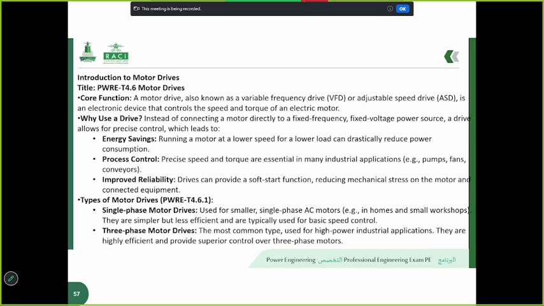So they are less efficient and offer more basic control. In contrast, three-phase drives are the industry standard for high power industrial applications. They are highly efficient, offer superior control capabilities, and are a key component in a wide range of industrial processes.